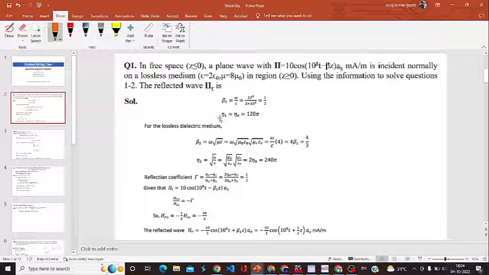The intrinsic impedance in free space is root over mu by epsilon, where mu is mu naught and epsilon is epsilon naught. Putting in these values, we get eta 1 equal to 120 pi, calculated for the air media.